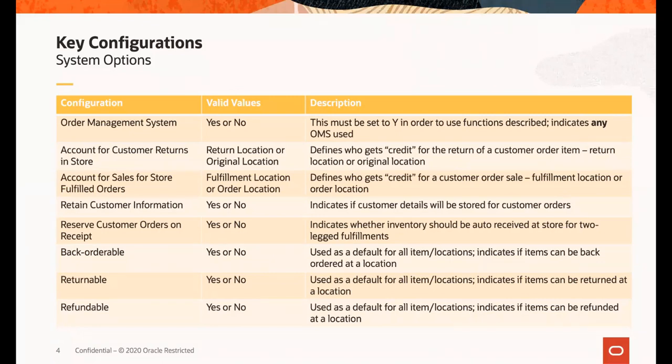We wanted to have a way that, since most items probably are returnable, refundable, and may or may not be back orderable, this allows you to control that a little bit more at the system level, and then you can just manage the exceptions at the item location level.